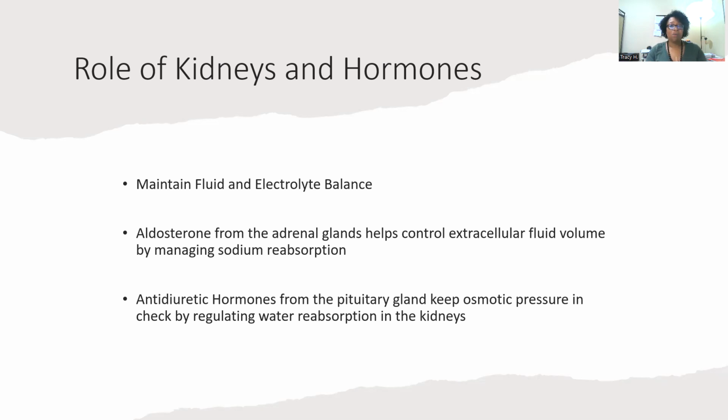Wherever salt goes, water goes, so the amount of salt will determine the amount of fluid that is reabsorbed. Then there's the antidiuretic hormone from the pituitary gland, which keeps osmotic pressure in check by regulating water reabsorption by the kidneys.